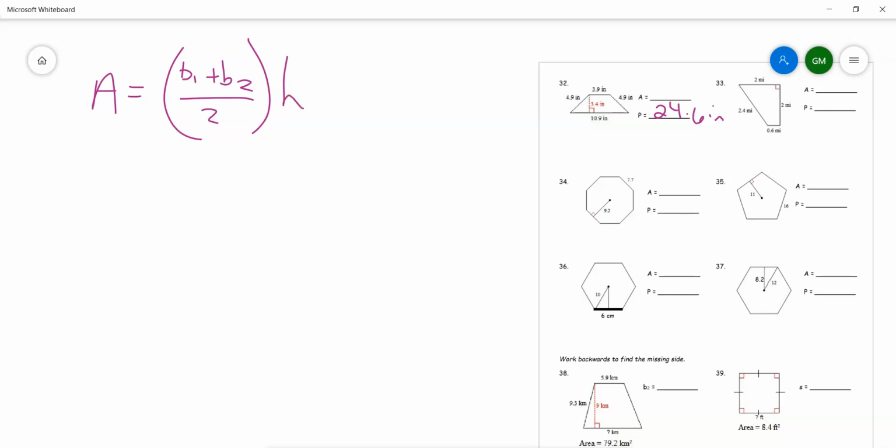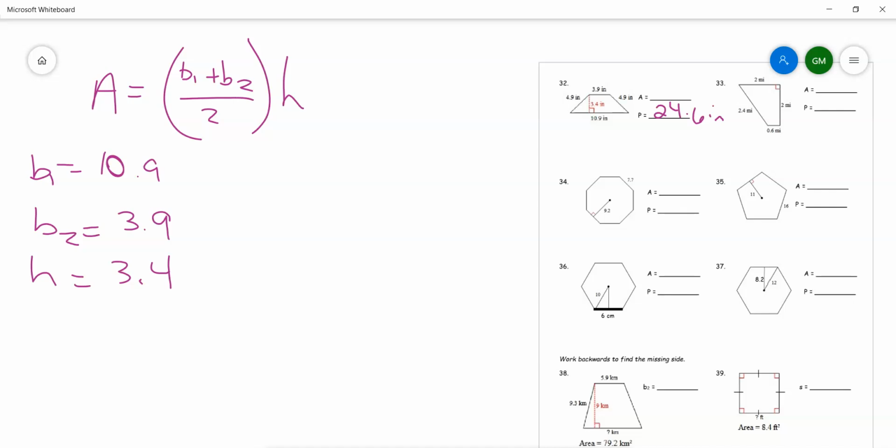So basically the mid-segment times the height. So in this case, base 1 is 10.9, base 2 is 3.9, and the height is 3.4.